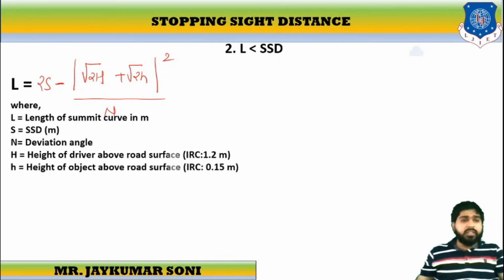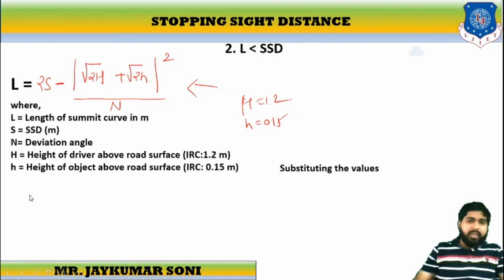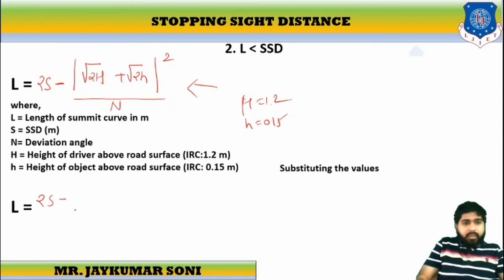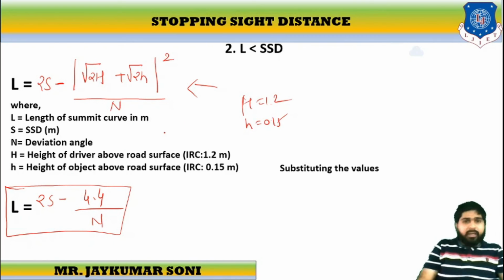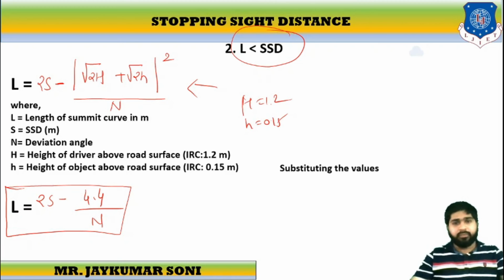Now, if we substitute the values of capital H as 1.2 and small h as 0.15 in this equation, I will get the final equation as L = 2S minus 4.4 by N. So the 2S will be the same, the N will be the same, and this will be 4.4. This is the ultimate equation for the summit curve where the case L is less than SSD is given. So this is how we can understand the concept thoroughly. Fine.